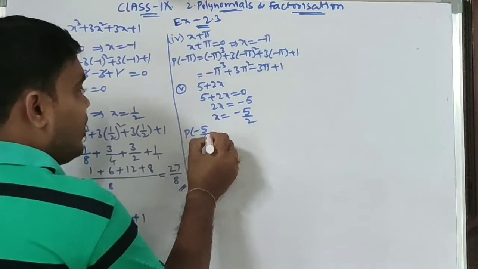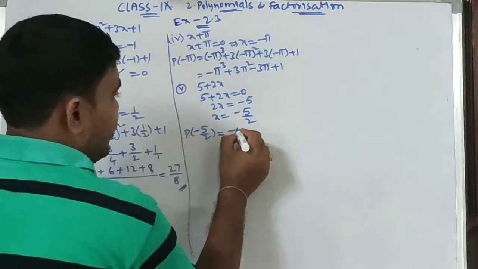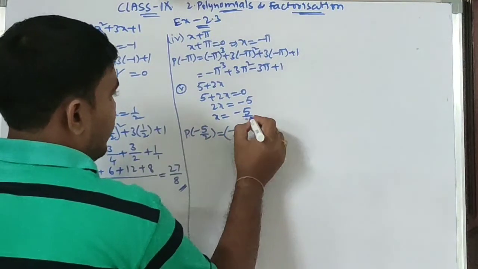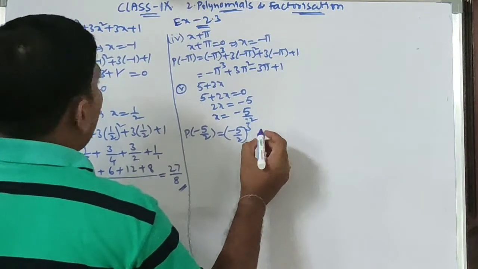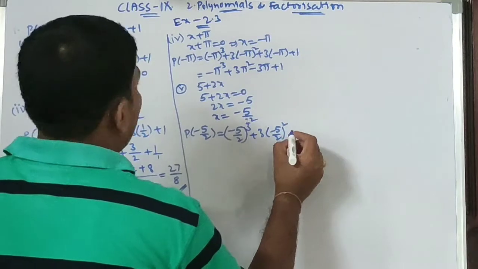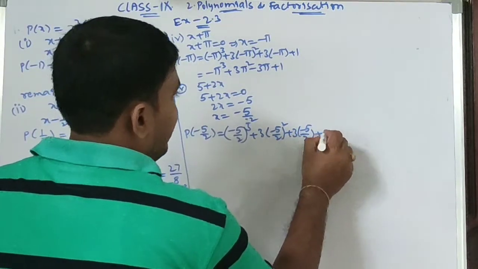P of minus 5 by 2 equal to minus 5 by 2 whole cube plus 3 into minus 5 by 2 whole square plus 3 into minus 5 by 2 plus 1.